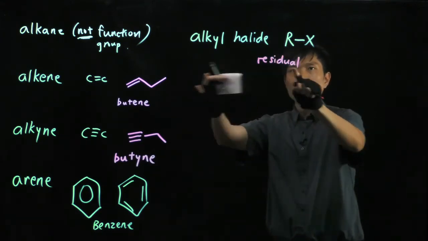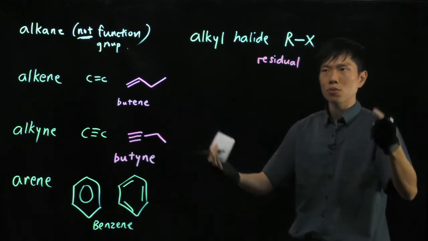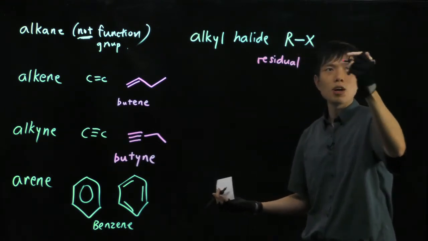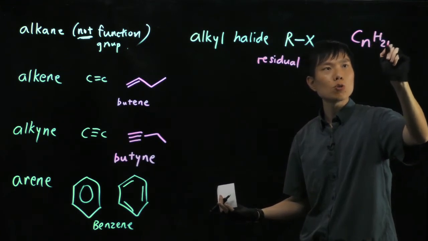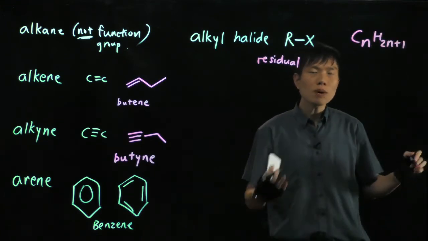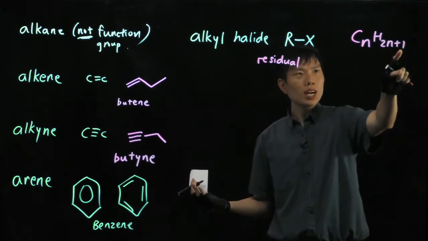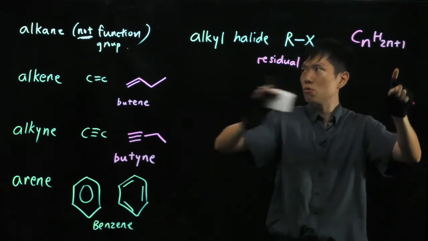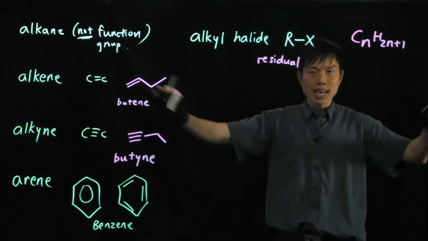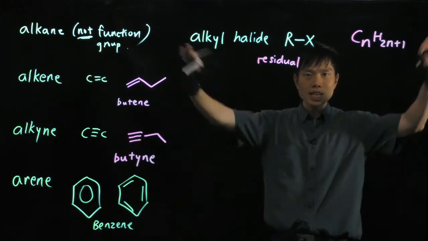What is the rest of the chunk after having that functional group? So this R normally will have a formula, in general, CnH2n plus 1. You might have realized, why is it 2n plus 1 and not 2n plus 2? 2n plus 2 in this case would tell you it's an alkane. By alkane, we have all the bonds being saturated.